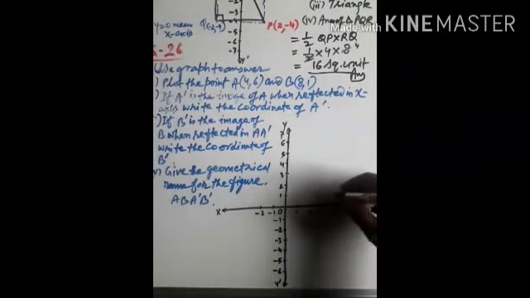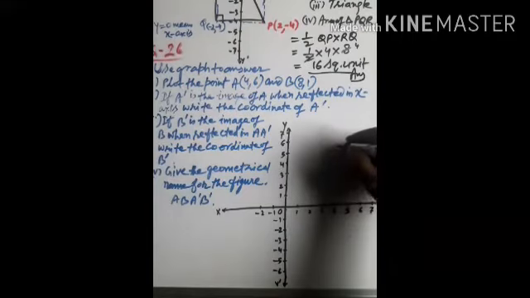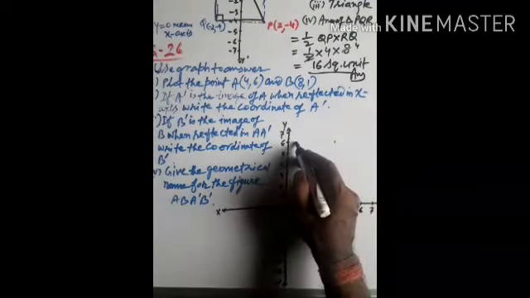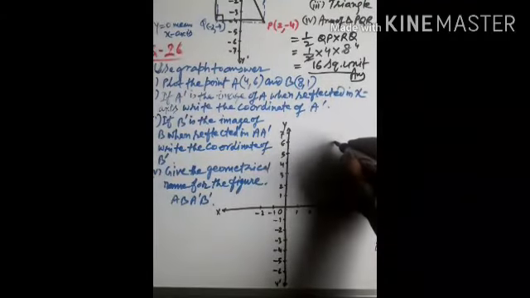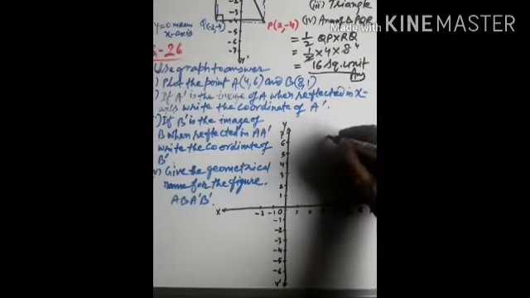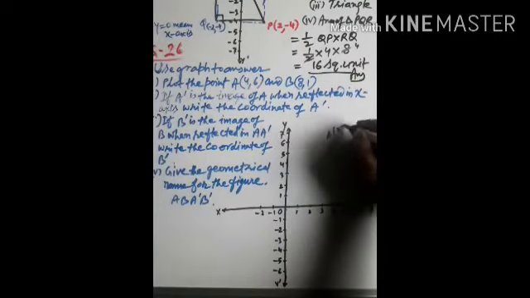So just go above this and you will get the point. So this is point A. You write here A (4, 6).